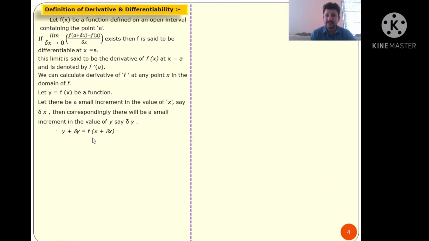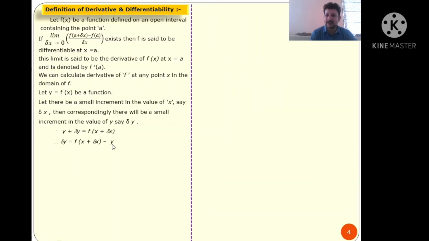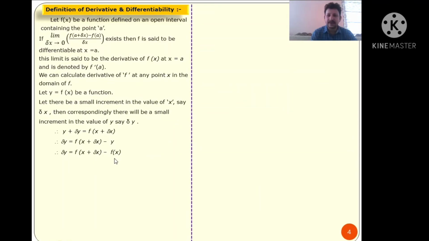To express this in terms of limits for the definition of differentiation, shifting y to the right hand side we get minus y, but y is a function of x, that is f(x), so replace y by f(x). Then divide both sides by the small increment delta x.